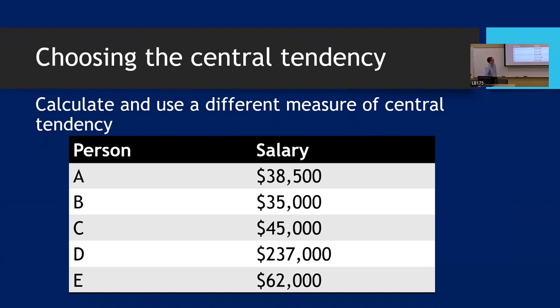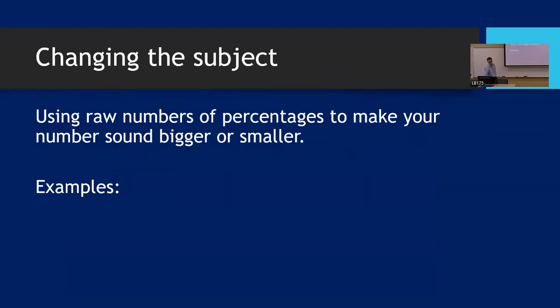So if I use the mean to represent this data set, it's going to feel like, at least to a reader, that the salaries are higher compared to if I use the median to represent the data set. That'll make the salaries, again, in comparison, seem lower. Okay.